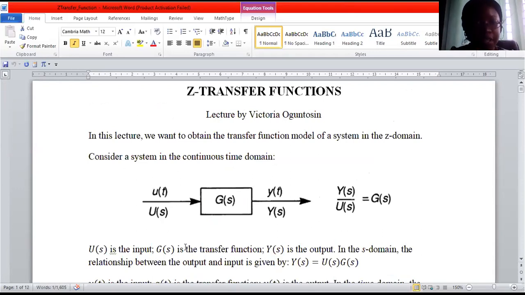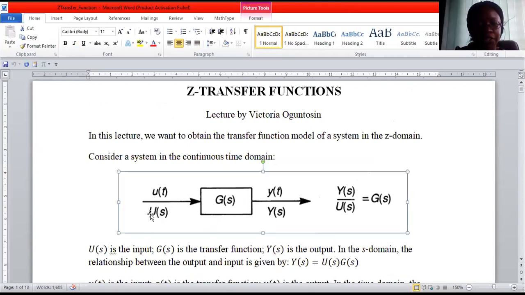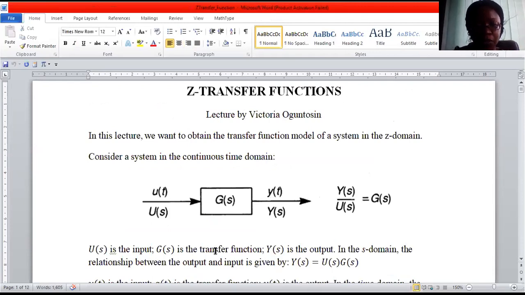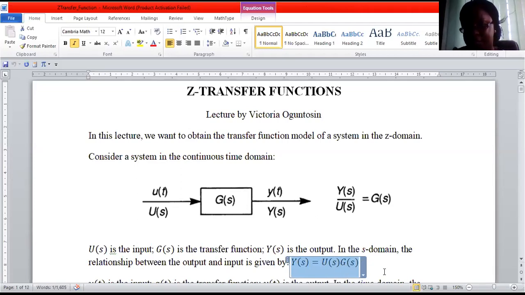In the continuous time domain, if you have a system where u(t) is the input, y(t) is the output, and g(t) is the transfer function, we know the relationship between the input and the output is given by this. You know that from your continuous time representation.